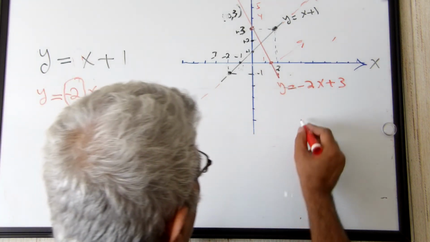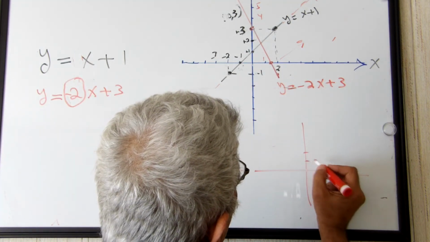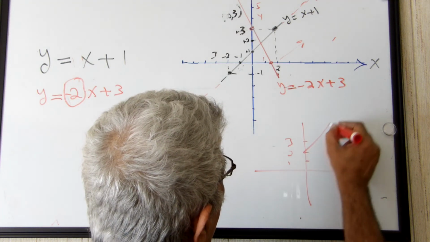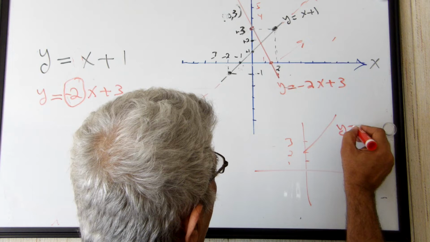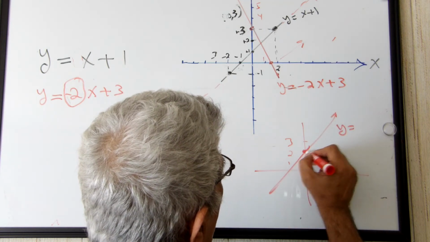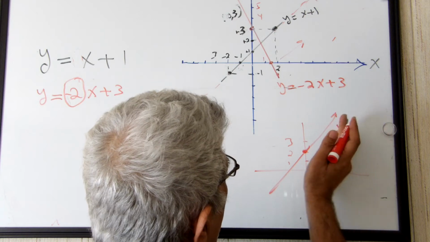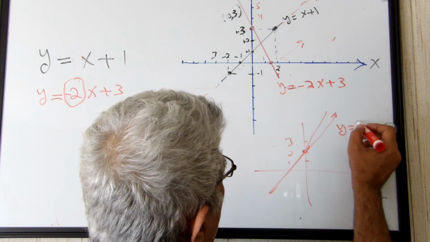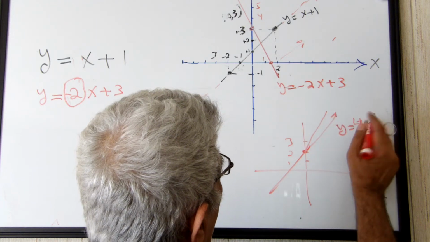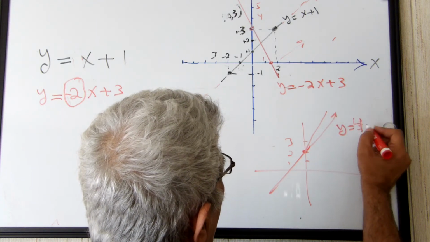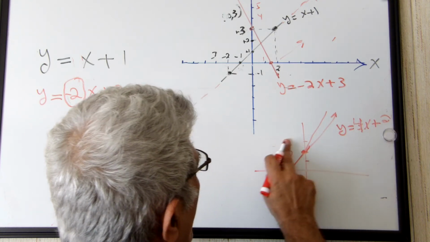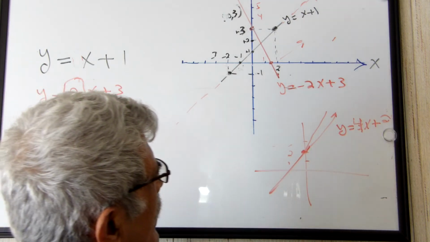So, for example, here 1, 2, 3. If we say the line intersects the y-axis at 2, it depends how steep it is. If it is 4x, for example, the slope is 4, and we say 4x plus 2 because it started from 2. Do you know what I mean?